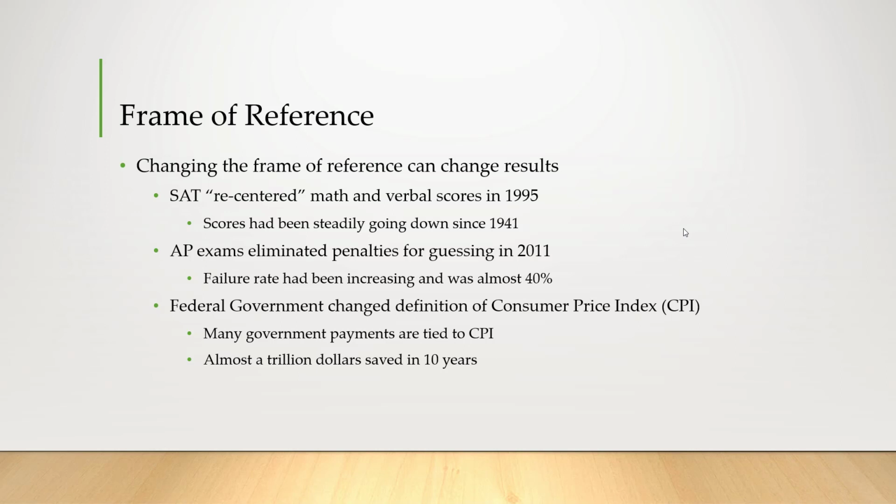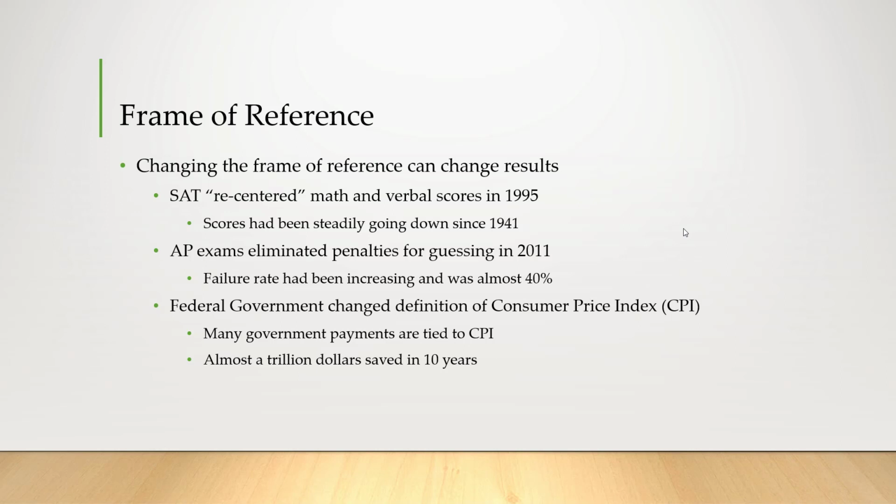Same thing with AP exams. They eliminated penalties for guessing. So for those that are unfamiliar with this process, if you have 25 questions and you know 20 of them and got those 20 right, you would get 20 out of 25. But the way AP exams would do it, you actually were penalized for educated guesses.